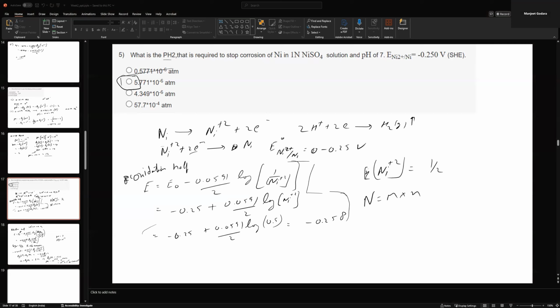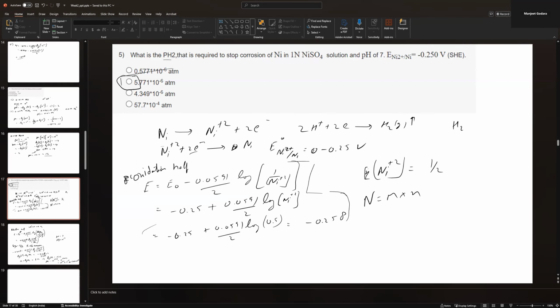I have a more intuitive feeling for H plus, like H2SO4. If it's 1 normal H2SO4, you get 2 H plus. If it's 1 molar H2SO4, you get 1 mole of H plus.